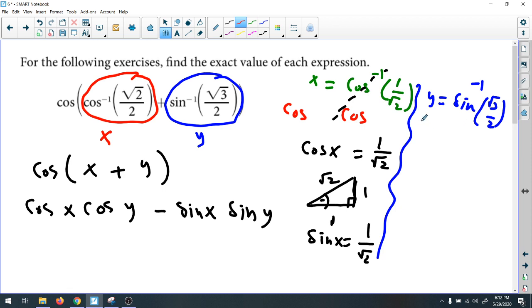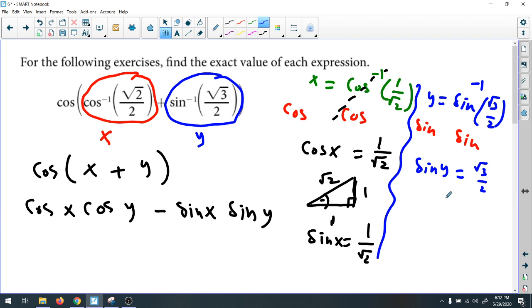So take sine of both sides: sine of left equals sine of right. If you do that, then sine of y equals, and here sine and inverse sine cancel each other, and just the square root of 3 over 2 is left. So you already got sine.